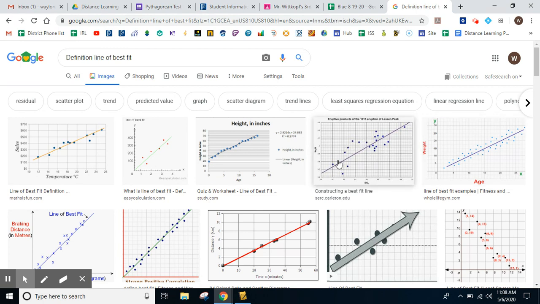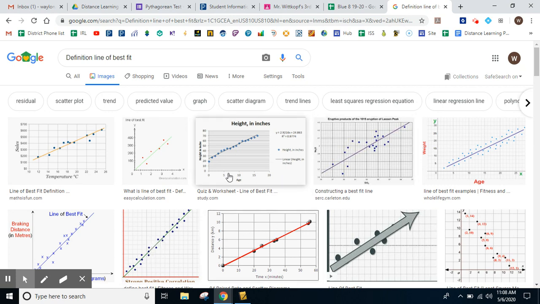One thing before we get too much further I want to talk about is the idea of a strong and a weak correlation. I briefly mentioned it in one of the videos last week, but it has more to do with this line of best fit. So I foregoed the conversation till right now.